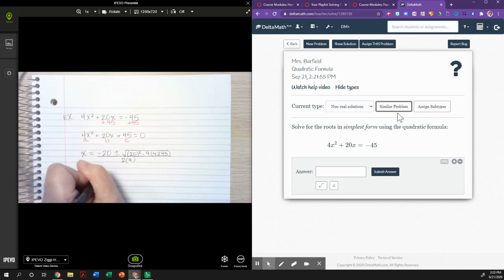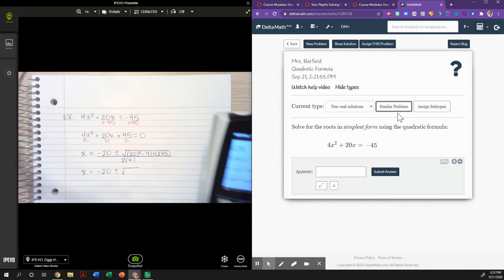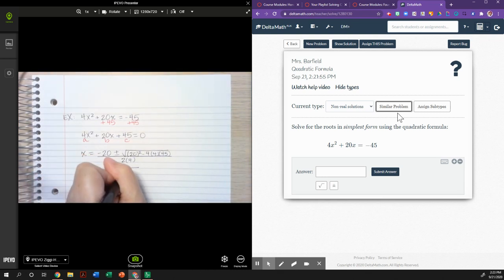So x equals negative 20 plus or minus the square root. Again, use my calculator. So 20 squared minus 4 times 4 times 45. So that gives me negative 320. So I know I have an i, all over 2 times 4, which is 8.